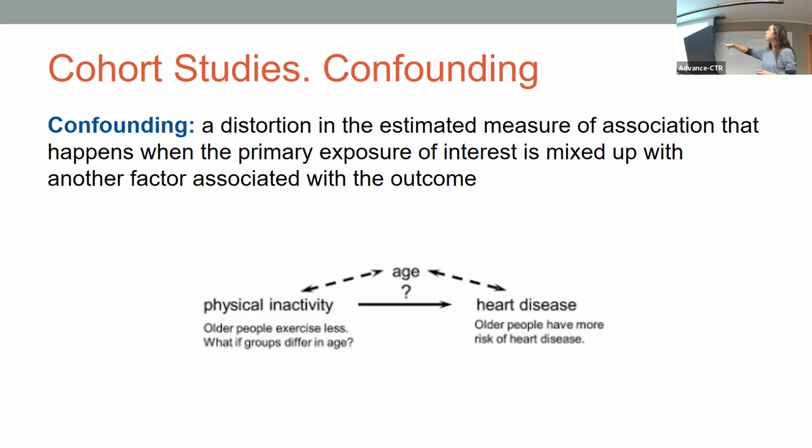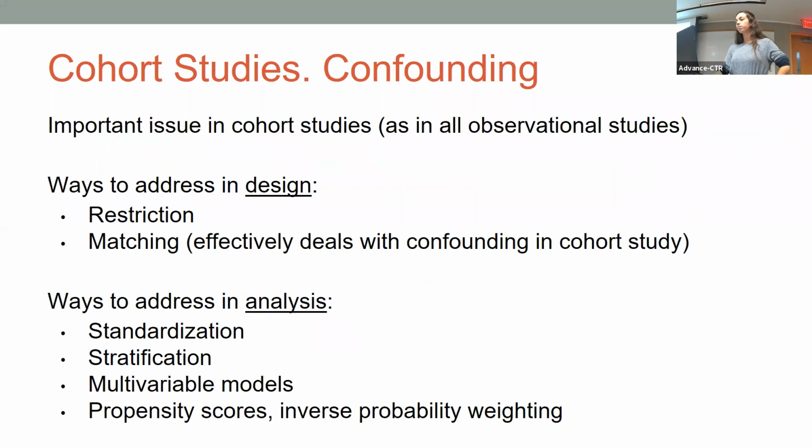So in this example, we're trying to estimate the relationship between physical inactivity and heart disease, but it's necessary to account for this third variable, which is age, in order to properly estimate that relationship. So this is an example where age is a confounder of the relationship between physical inactivity and heart disease.